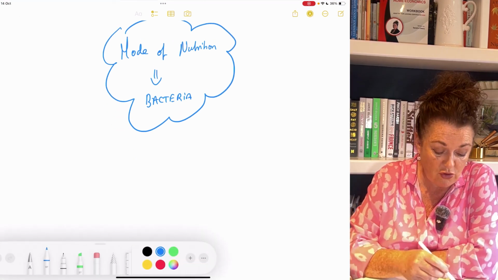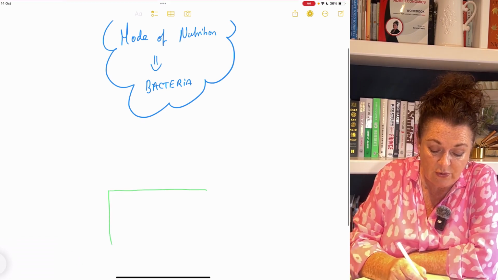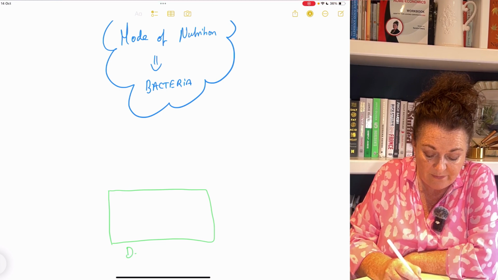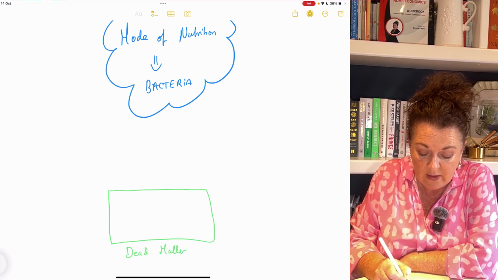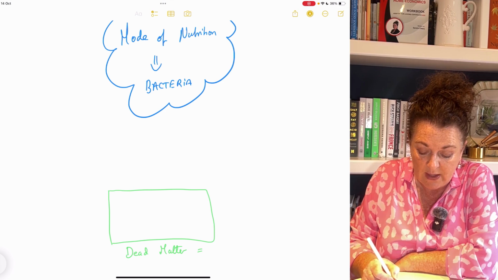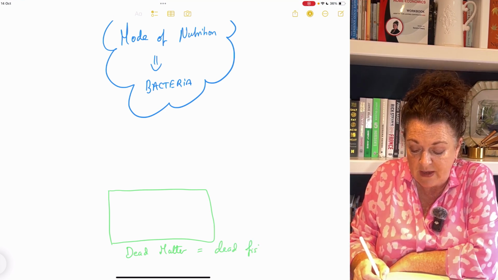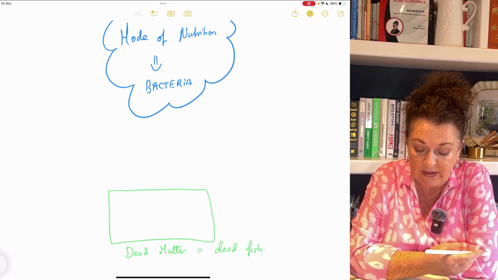So we're going to draw the very same diagram. So I'm going to start out with my dead matter. So the dead matter could be, for example, a piece of dead fish. That dead matter could also be a piece of raw meat.